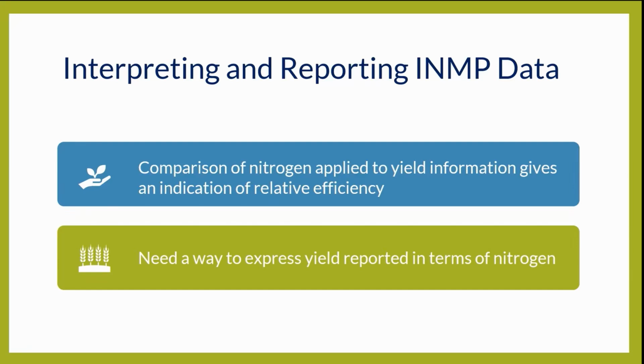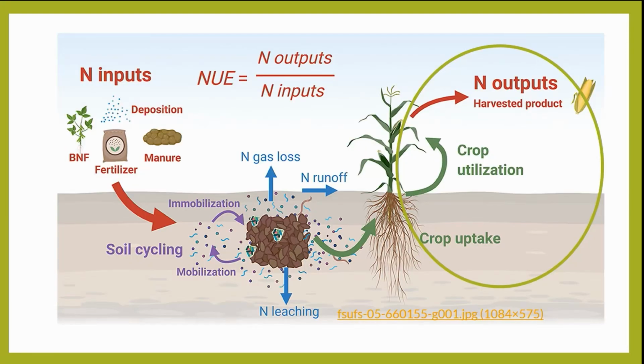The idea of the coefficients is to compare nitrogen applied to yield information, which gives an indicator of relative efficiency, and we need a way to express that yield in nitrogen removed. That's what the coefficient does.